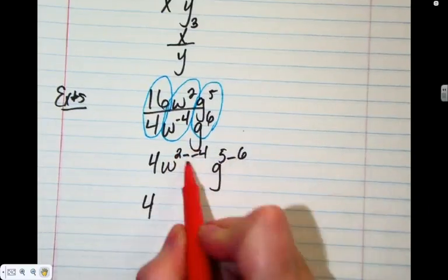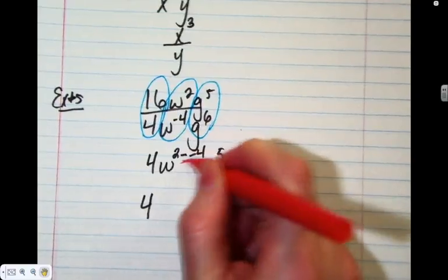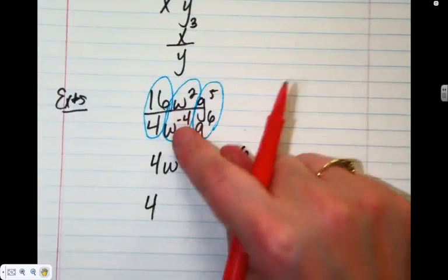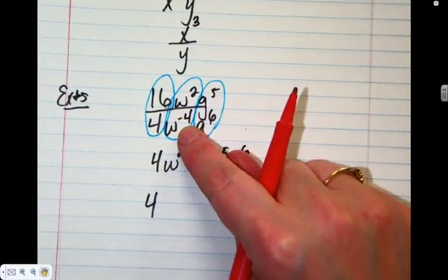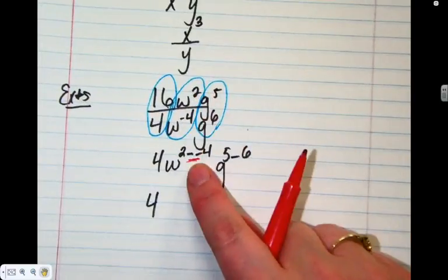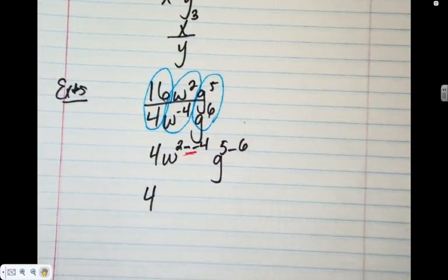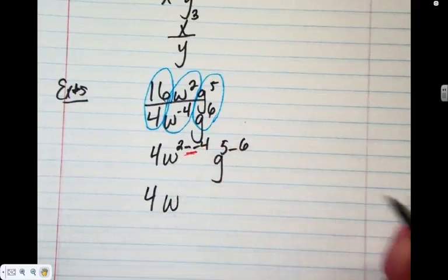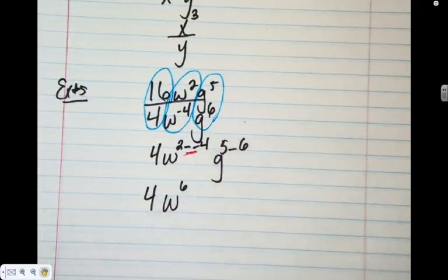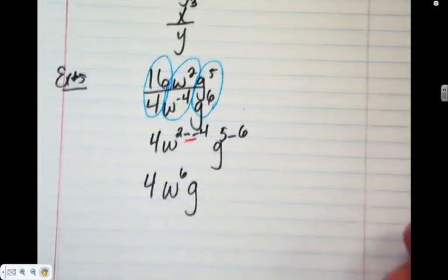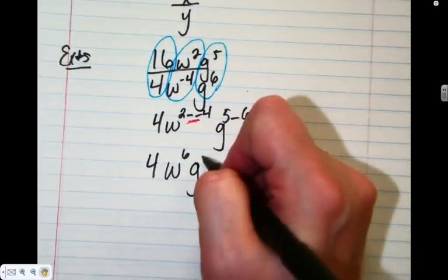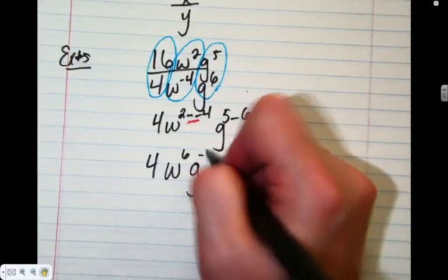The reason I wrote it out is because you need to be careful with these double negatives. What your brain is going to see is 2 minus 4, and you're going to want to put down minus 2. But because it's minus minus 4, what's going to happen here? It's plus, so we're going to end up with w to the 6. 5 minus 6 is g to the negative 1.